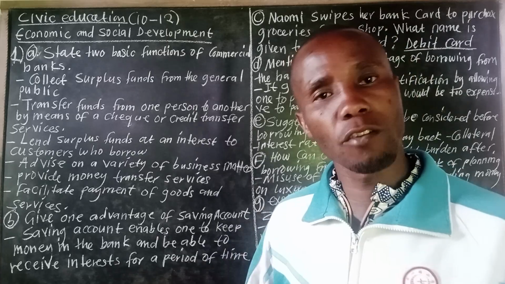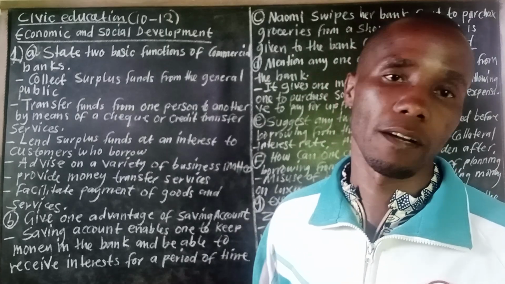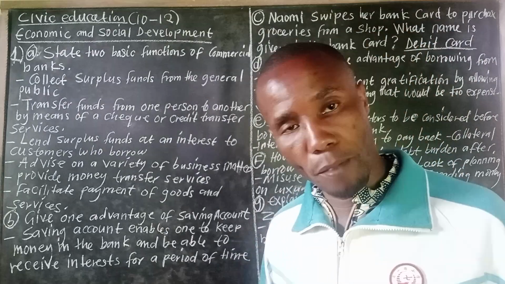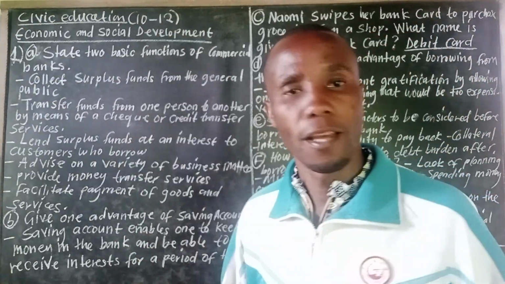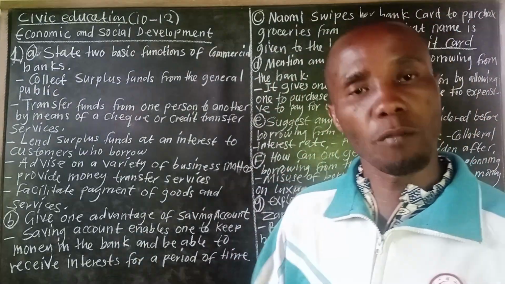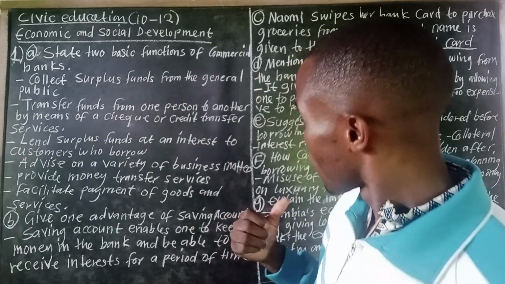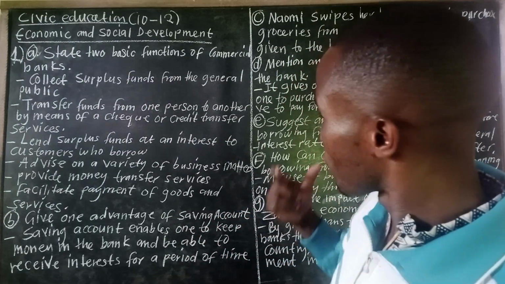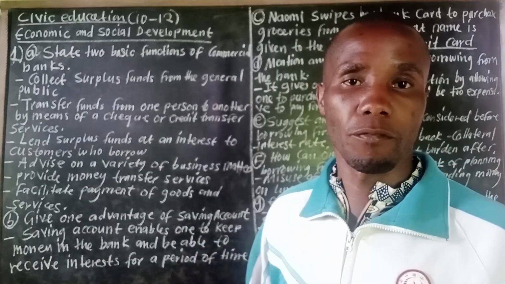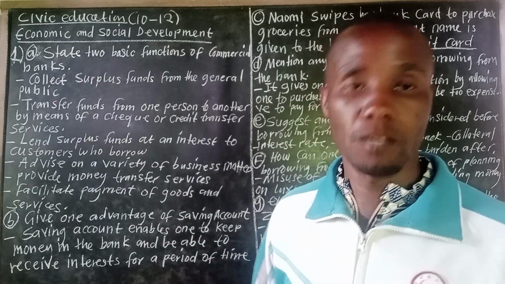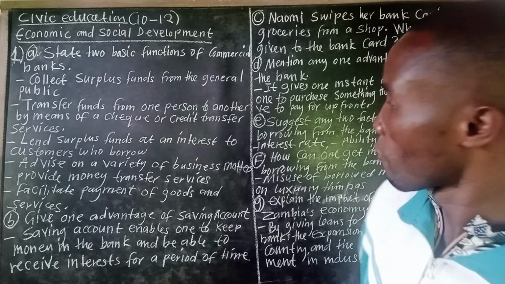There are a lot of transactions that you can use a bank to pay for. Maybe you want to purchase a vehicle and you don't have cash. You just use the bank, and the money will be automatically transferred from your bank account to the owners of that particular company where you are buying things from.